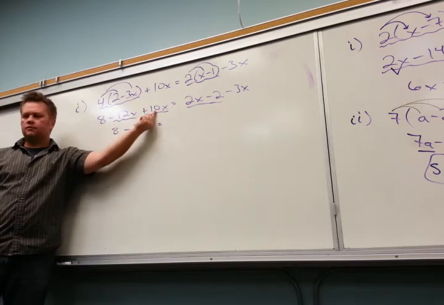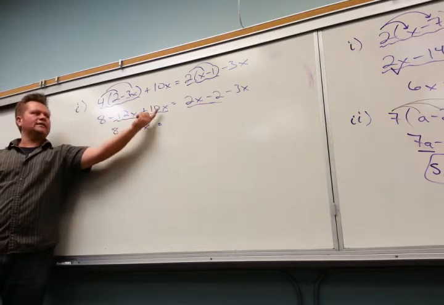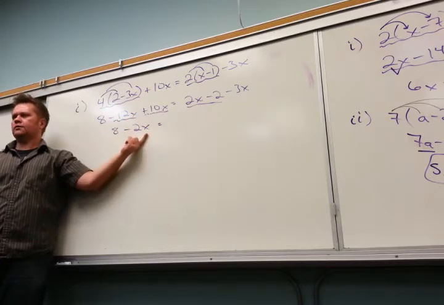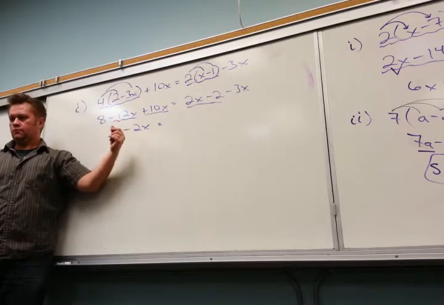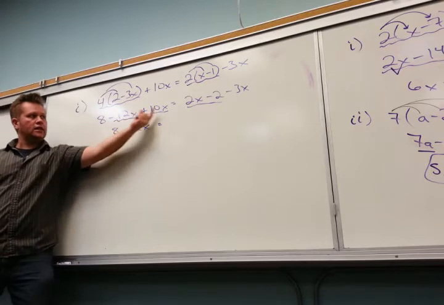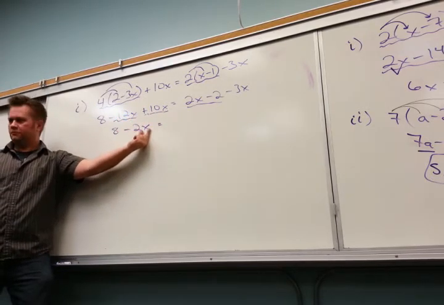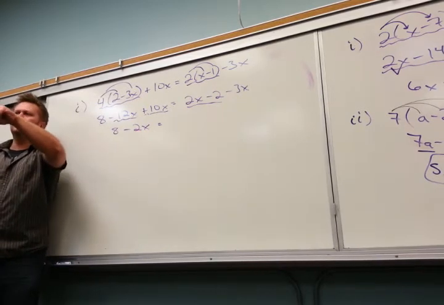Negative 12 plus 10 is negative 2 x's. So if I have negative 12 x's and I add 10 x's, I have just negative 2 x's left. Oh, so you're just adding the x. Yes, adding. I've got 10 of them here, negative 12 of them there, so I'm left with negative 2 of them. Okay. Good.